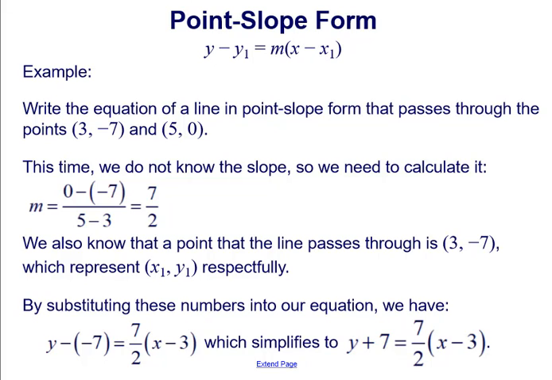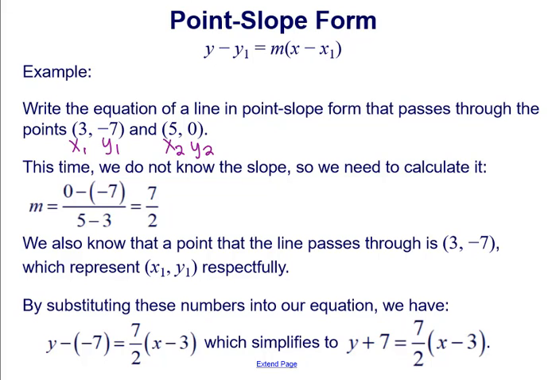If we use our slope formula, y2 minus y1 over x2 minus x1, we'll say that 3, -7 is x1 and y1, and 5, 0 is x2 and y2. That gives us 0 minus -7 in the numerator and 5 minus 3 in the denominator, which gives us a slope of 7/2.